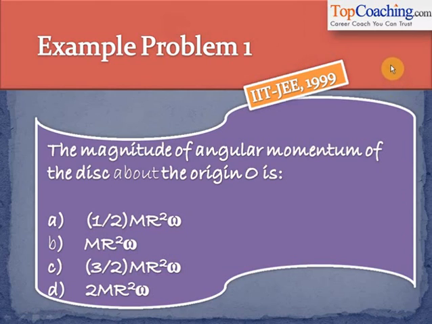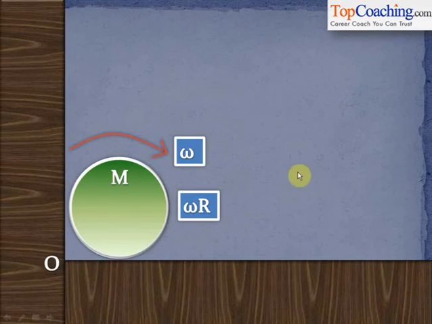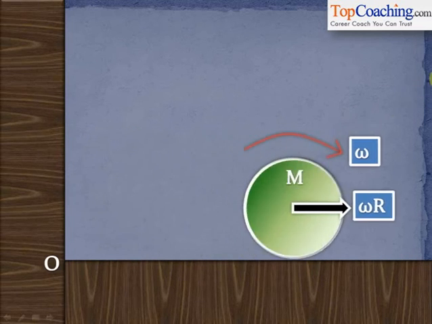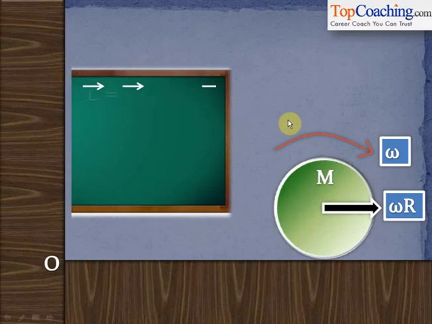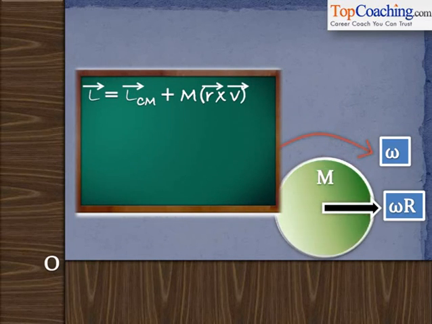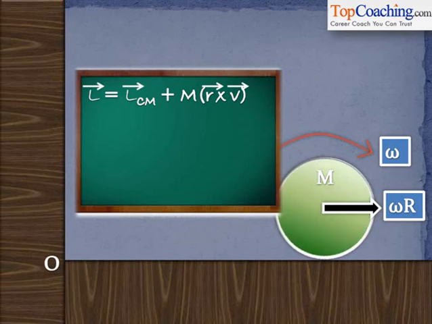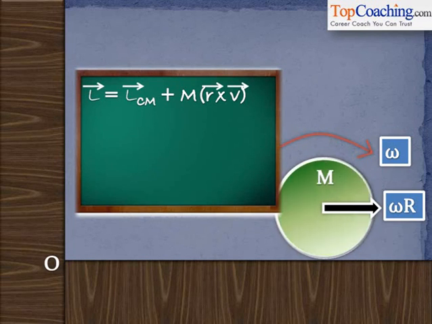The question is simple. There is a disk which has an angular velocity omega. The speed of its center of mass is clearly omega r because the disk is pure rolling on the surface. It's moving like this. We have to calculate the angular momentum of this disk about the origin. Well, we know that when a body is translating also and it's rotating also, in such situations the angular momentum is given by the expression L equal to LCM plus m r cross v.